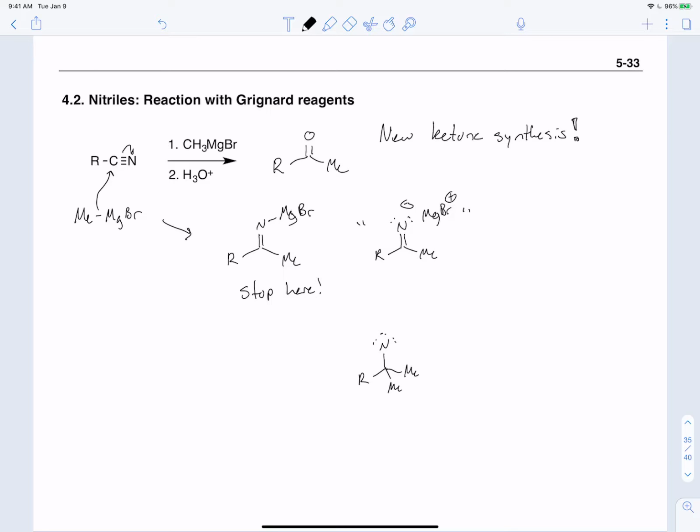And we already know that one negative charge is hard enough on the nitrogen. Having two of these, with MgBr positive charges, would simply be way too high in energy and unreasonable. So this is not an addition we want to make. This is something to not do. Do not do this.